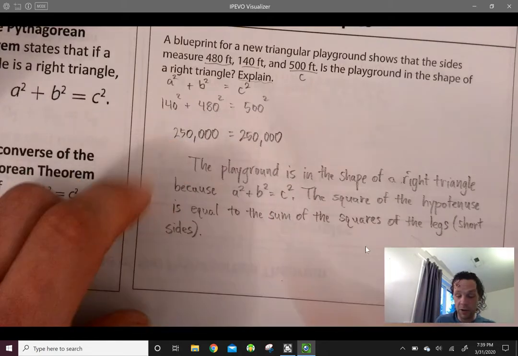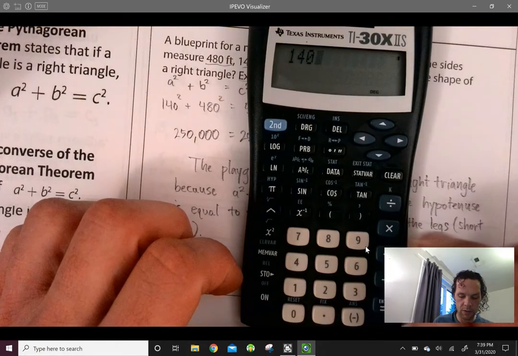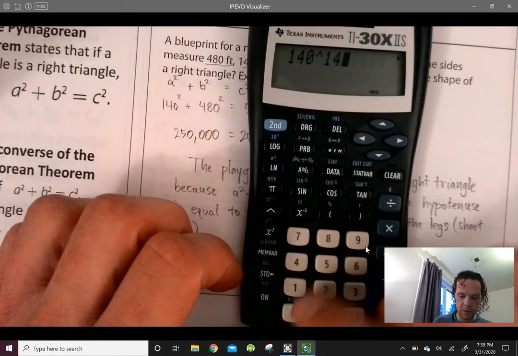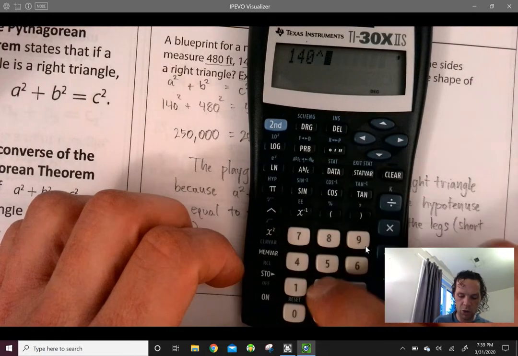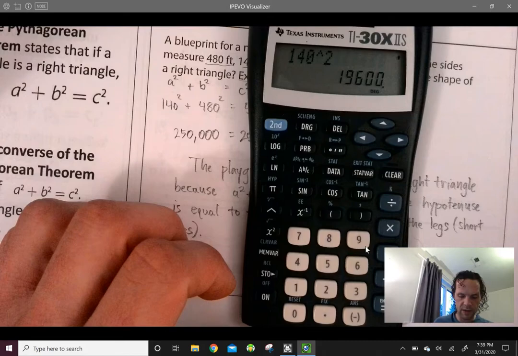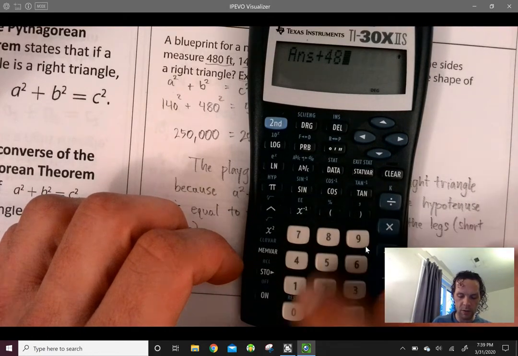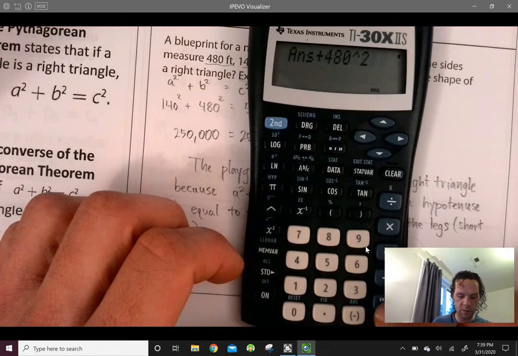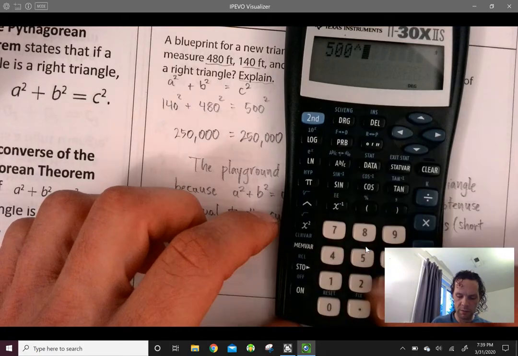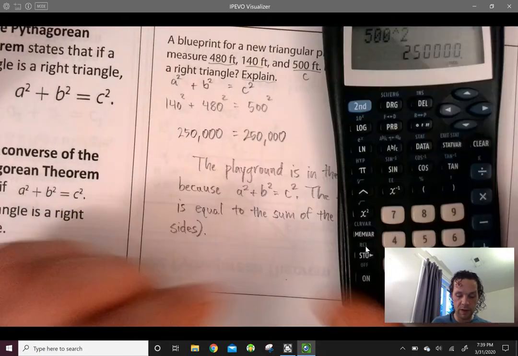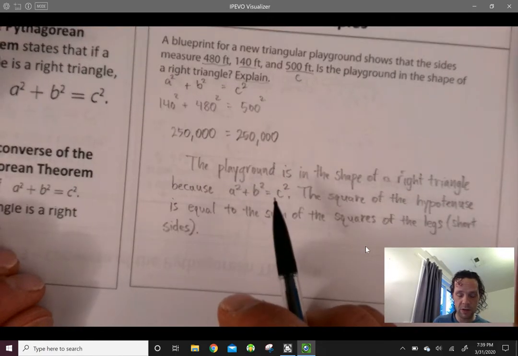When I type those into my calculator, which we all need to use, these are big numbers. 140 squared is 19,600, plus 480 squared, just double checking my work here, 230,400, and 500 squared equals 250,000. The playground is in the shape of a right triangle because a squared plus b squared equals c squared.